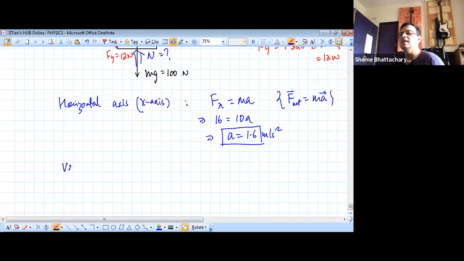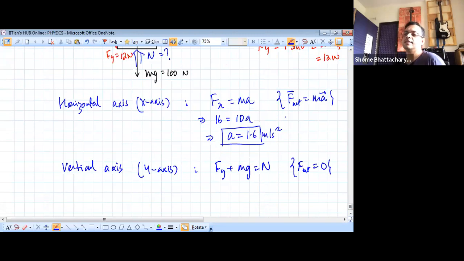And in the vertical direction, or along the vertical axis, or the y-axis, Fy plus mg has to be balanced by normal reaction, because the net force has to be 0. There is no vertical acceleration.